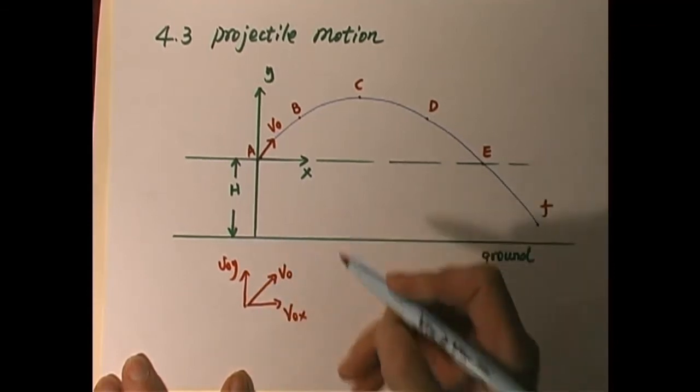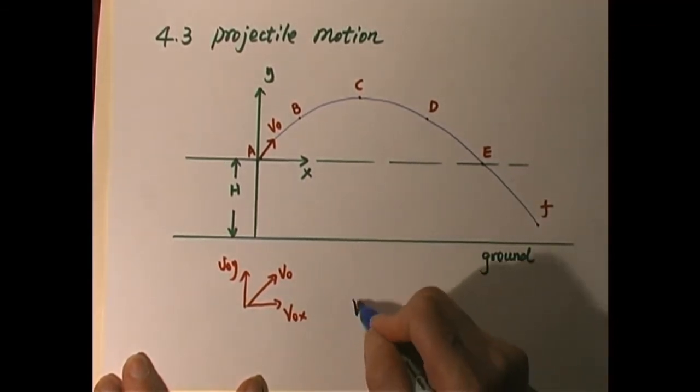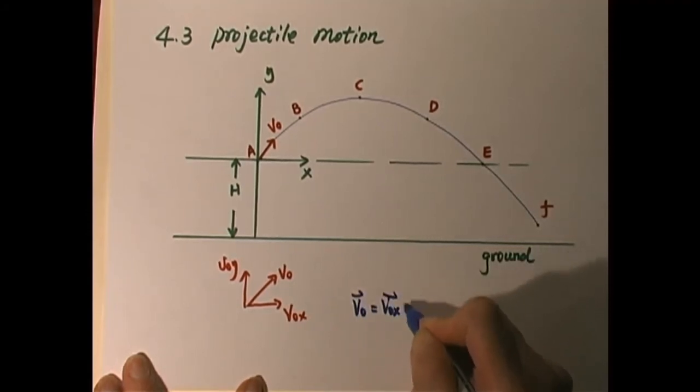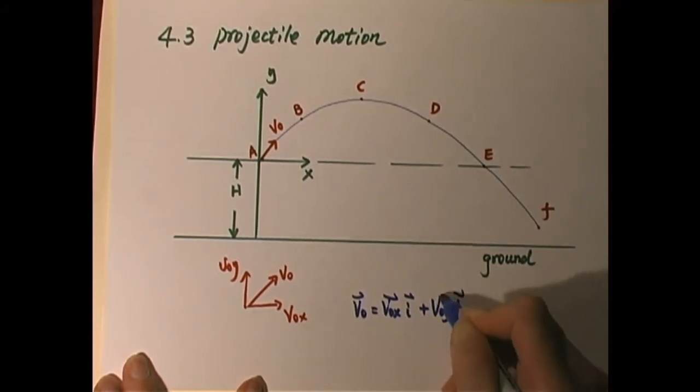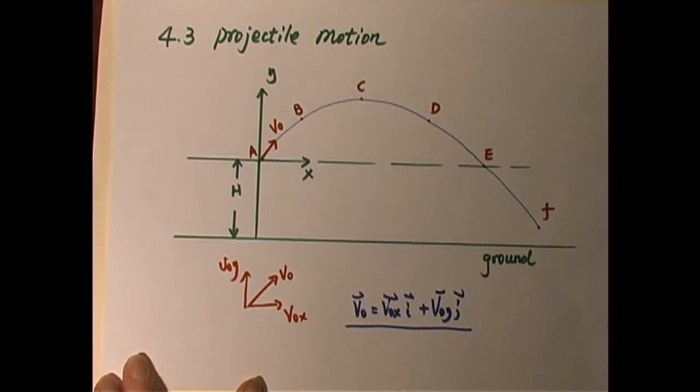Remember, any vector, in this two-dimensional case, v initial is v initial of x times i, plus v initial of y times j. So it's two-dimensional, and x and y we have to consider separately.